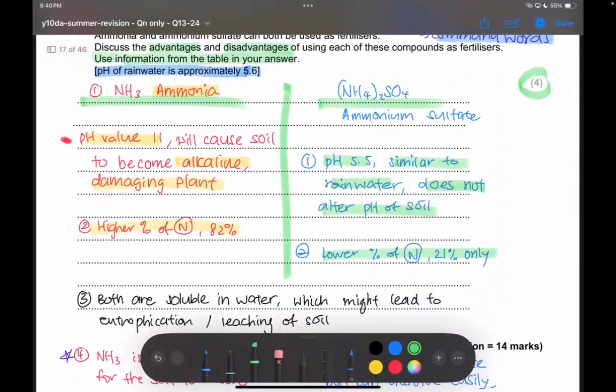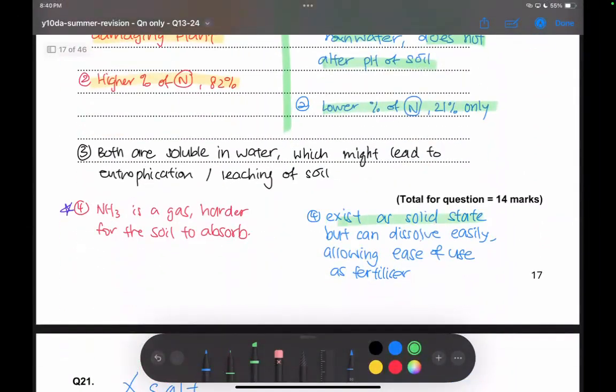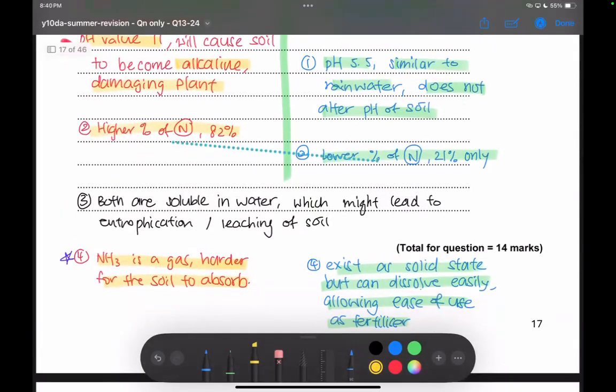So ammonium sulfate here exists as a solid but can easily dissolve, allowing ease of use as fertilizer. For example, the soil can absorb this fertilizer easier, but ammonia, which is NH3, is actually a gas, so it's actually harder for the soil to absorb. So if you have presented this, there will actually be a total of 6 different points already.